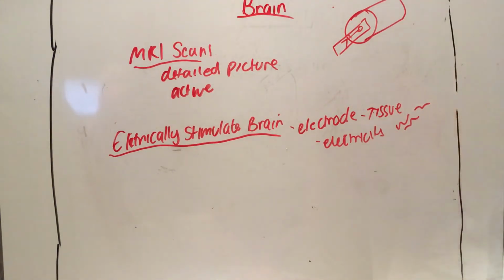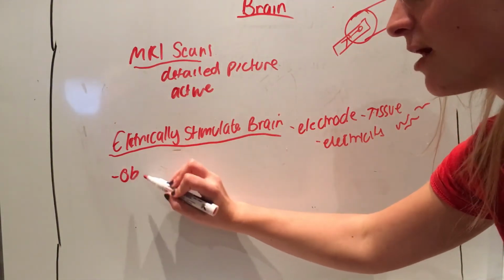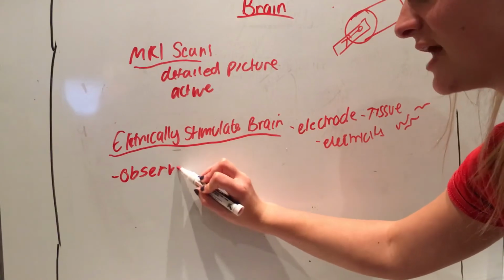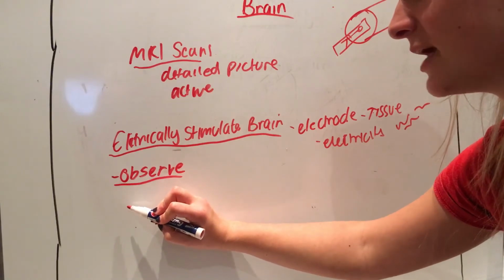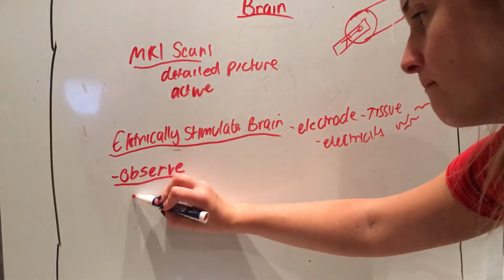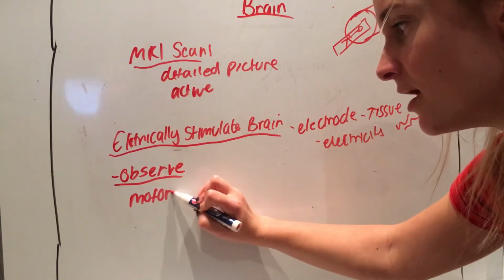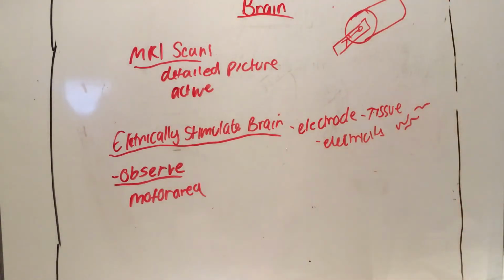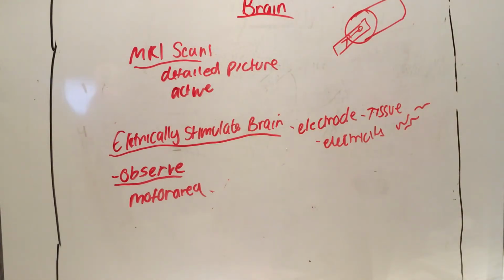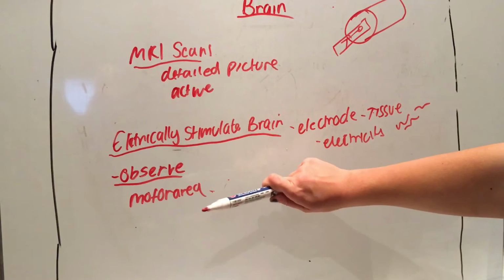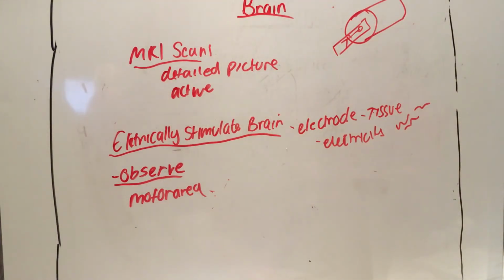So you can stimulate your brain, and then observe how stimulating different parts affects what you do. For example, if you stimulate the motor area, which is the part of your brain that controls movement, your muscle would contract and you'd move, and so they would know that the motor area links to that movement.